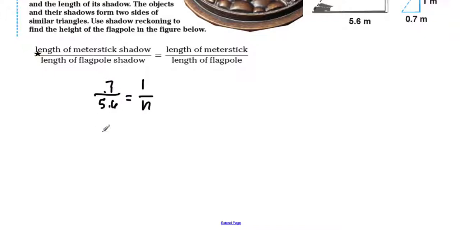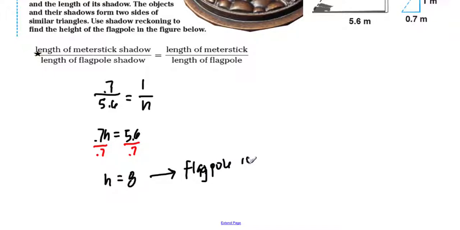We do cross product, so this becomes 0.7h equals 5.6. Then we divide both sides by 0.7, and we end up with h equals 8. So 5.6 divided by 0.7 is 8. So the flagpole is 8 meters high.